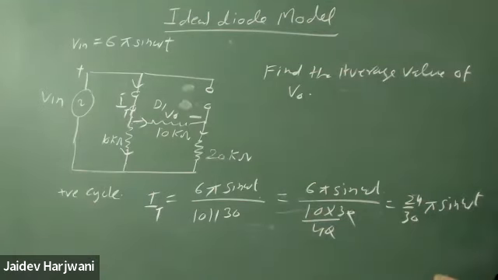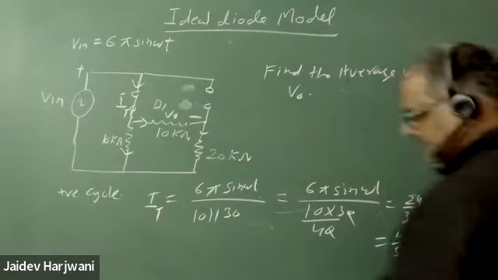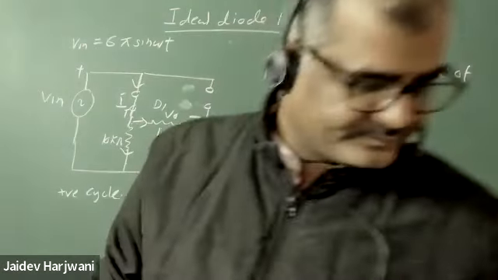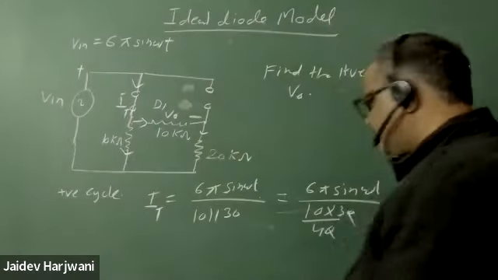So you can write 4 by 5 pi sine omega t. Is it correct? Is it coming 4 by 5? Yes. Now this is your total current.